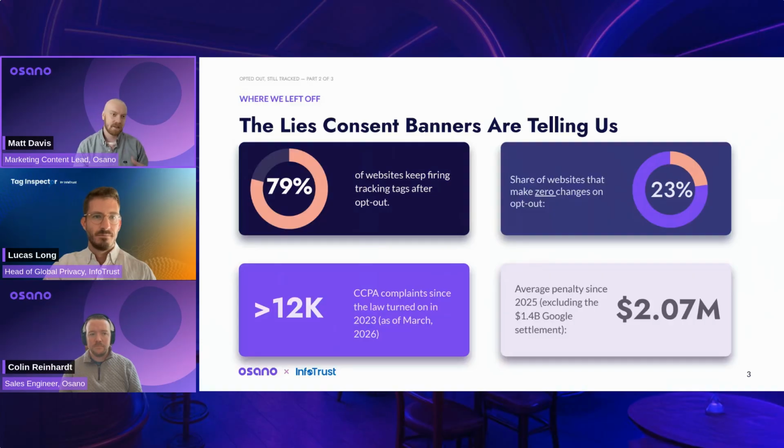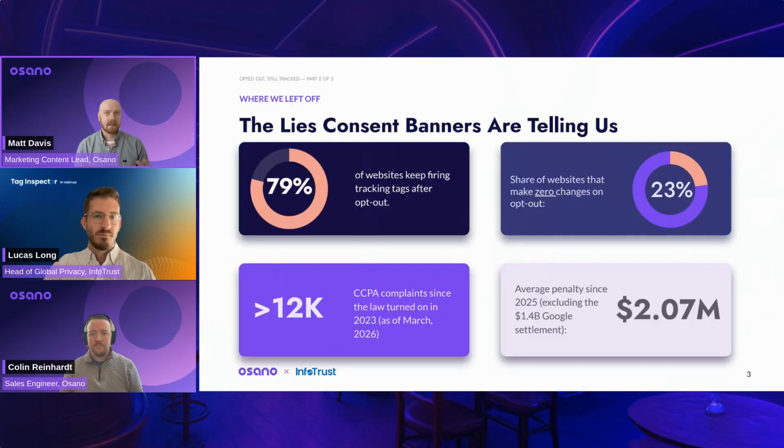That's a little worse. It's either folks are just beginning their journey here, figuring out how to manage data privacy, or they're just not aware of the issue, or maybe they're just not willing to invest in making the effort to get compliant here. That's certainly contributing to the 12,000 complaints that the California Privacy Protection Agency has fielded since 2023.